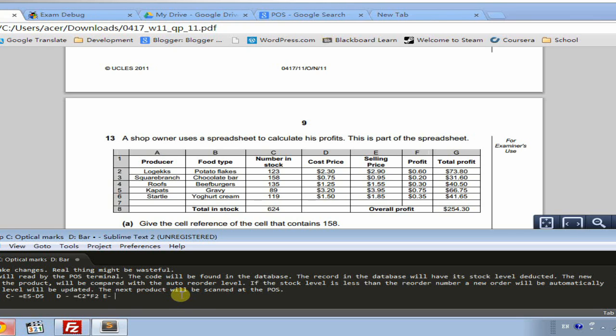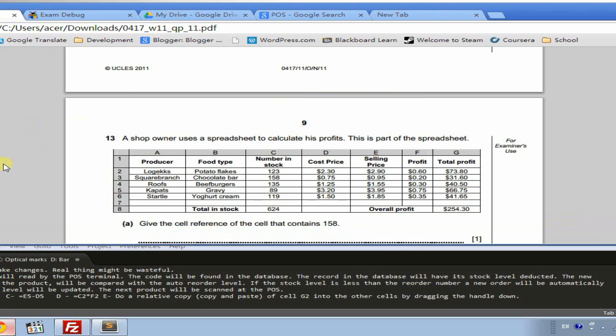So do a relative copy and paste of cell G2 into the other cells by dragging the handle down. Okay, so do a copy and paste of the cells by dragging the handle down.